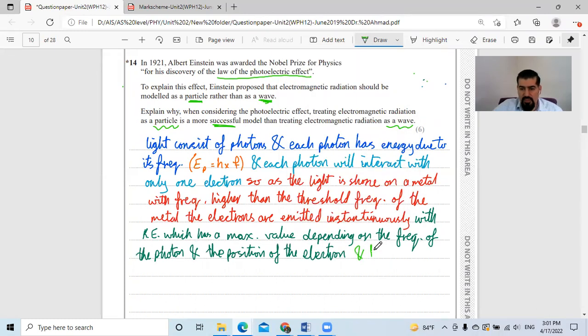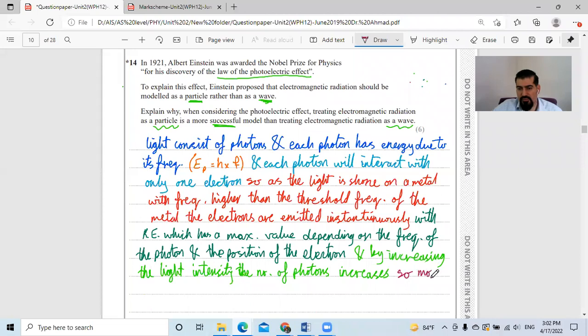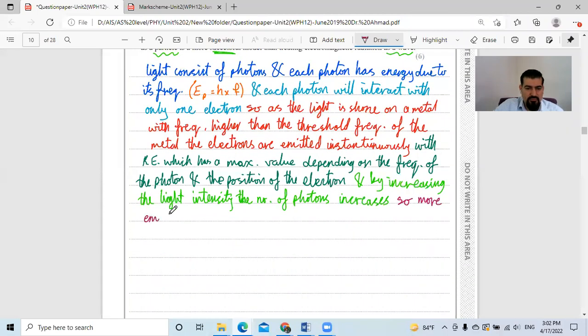And by increasing the light intensity, the number of photons increases, so more emitted electrons every second.